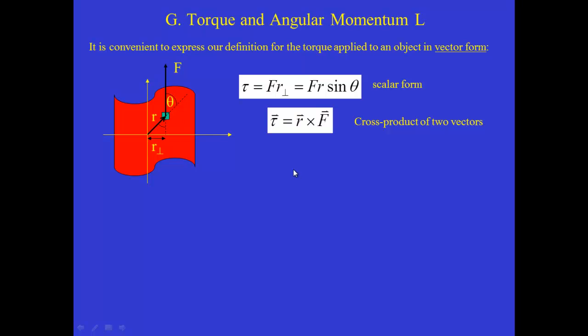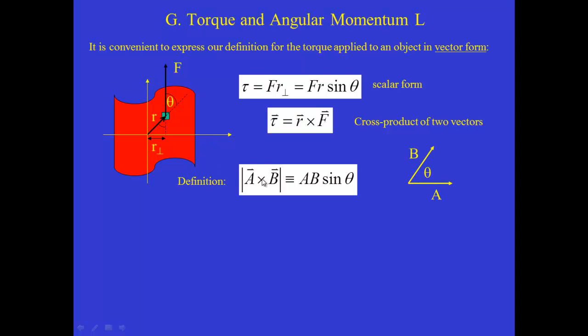R is the position vector that tells us where the point is where the force is applied with respect to the rotation axis. So the definition of the cross product, which is a little bit different from the idea of a dot product but similar in some ways: the cross product of two vectors A and B, which we read as A cross B, has a magnitude equal to the magnitude of A times the magnitude of B times the sine of the angle between the two vectors when they are drawn tail to tail, as shown here.